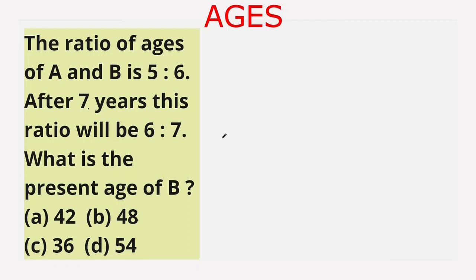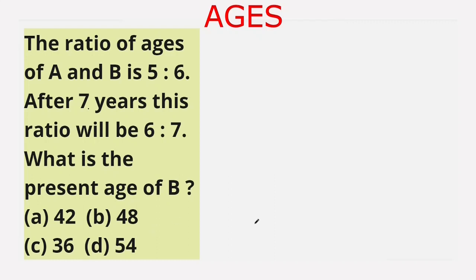So the age of B must be divisible by 6, as in A ratio B is 5:6 and B's part is 6. So the options given to us must be divisible by 6. But if we see, all the options are divisible by 6. Then how to go for the correct answer?